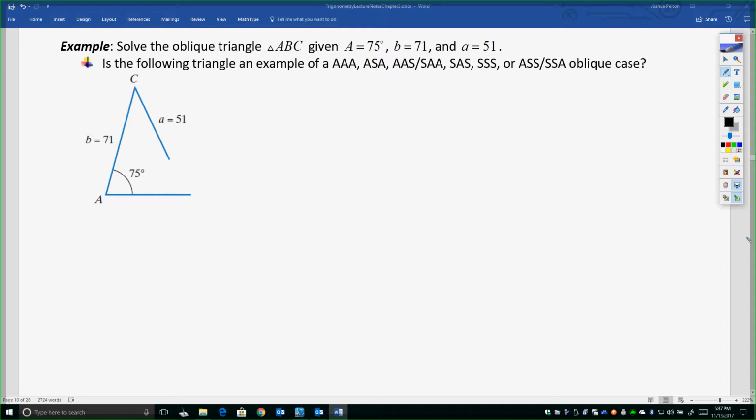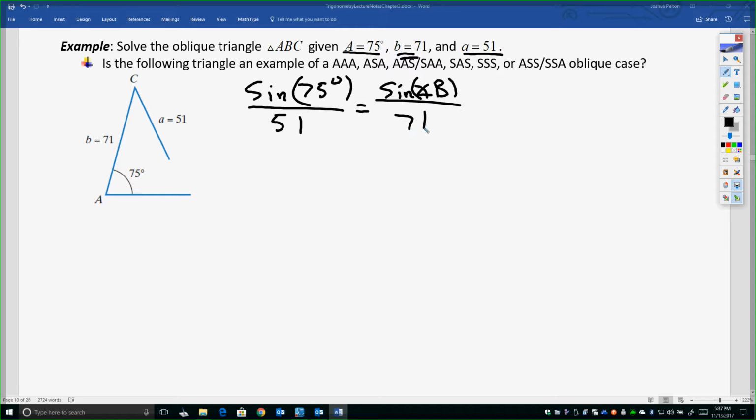So the only ratio we know is the ratio of A. That's sine of 75 degrees over 51, equals, since we want to solve for B now, sine of angle B over 71.